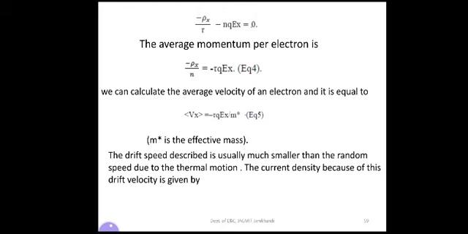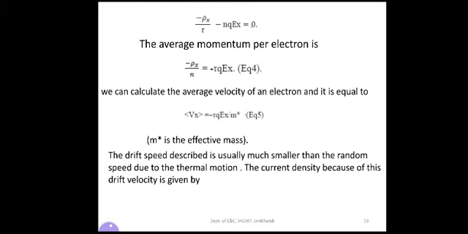Name it as equation number 4. You can calculate the average velocity of an electron, Vx equal to minus tau into q into epsilon x by m asterisk. Name it as equation 5, where m asterisk is the effective mass.